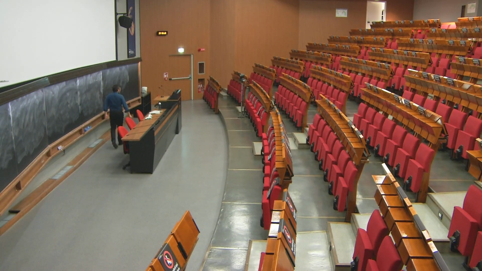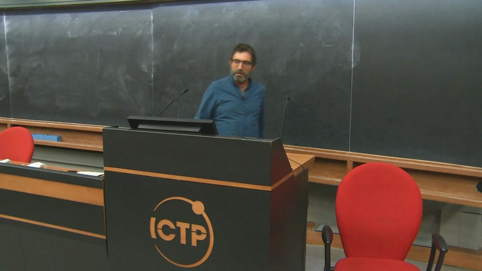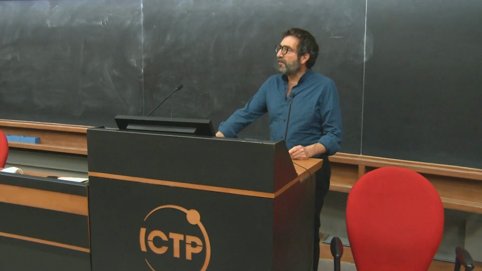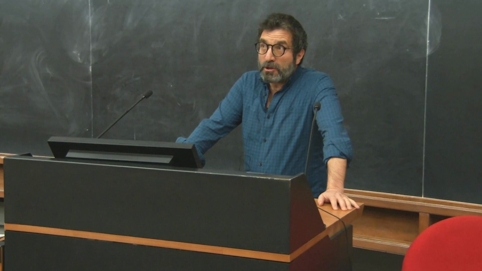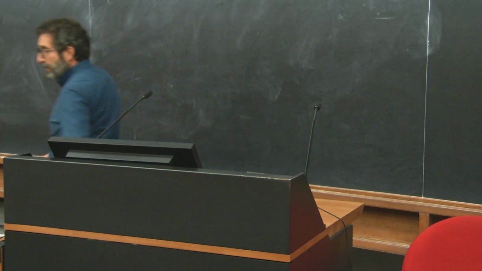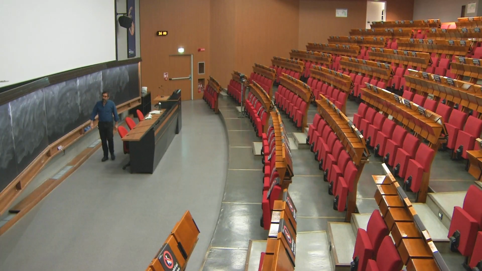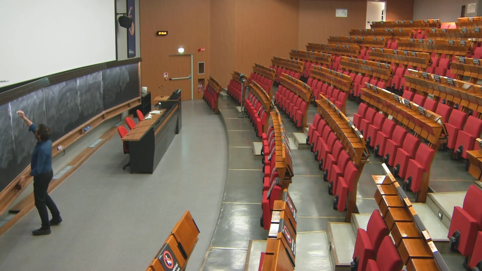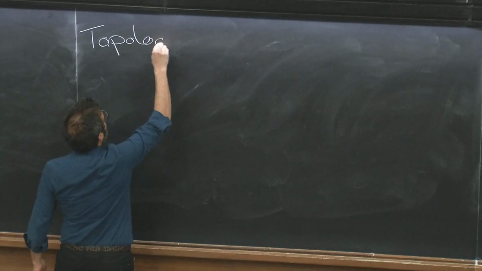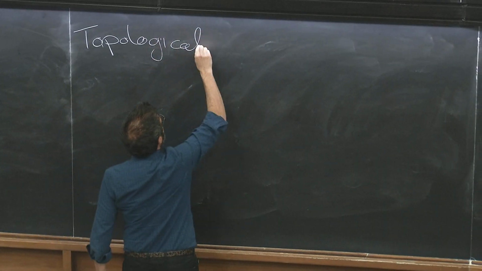Okay, so let's see if we can remember where we were. If you remember, we had started defining the notion of topological conjugacy, right? The notion of conjugacy in general.